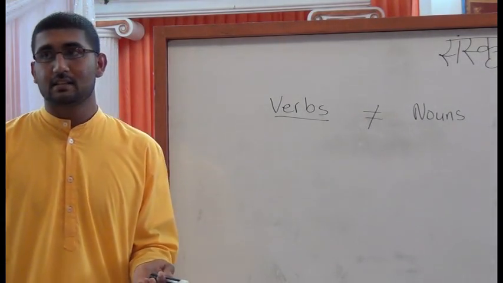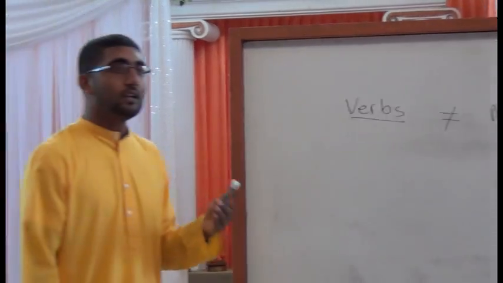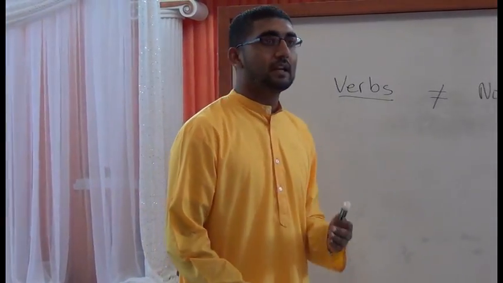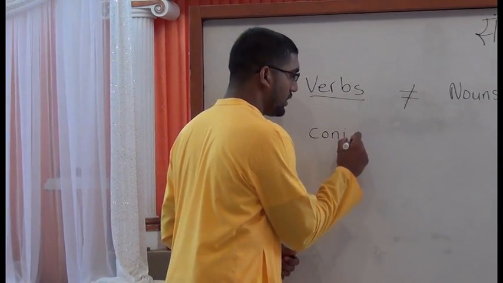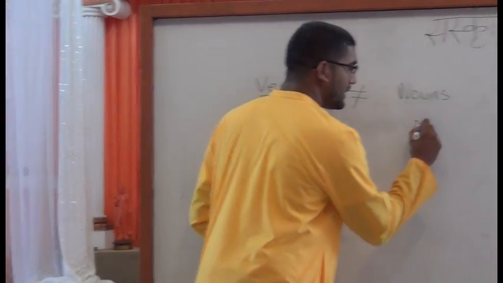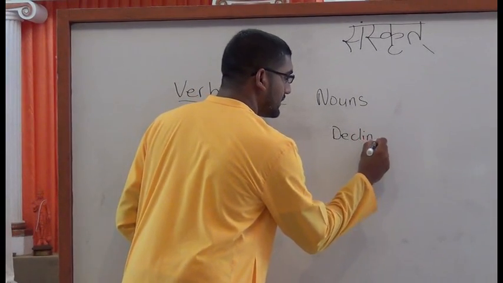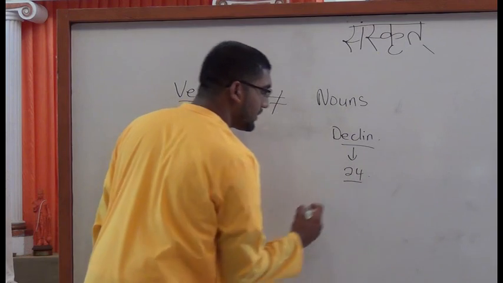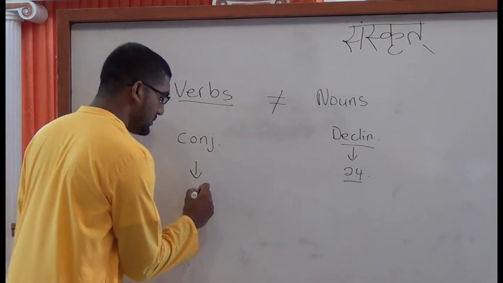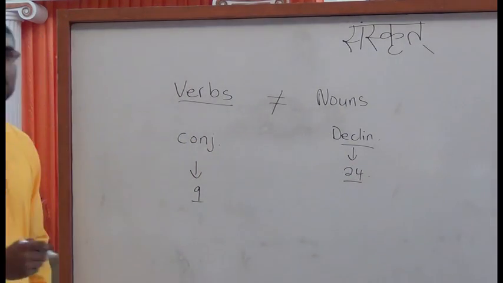That doesn't make sense. So when you are doing your homework, please pay attention to that. Verbs are conjugated, nouns are declined. Decline means you have the 24 different forms. Conjugation means you have the 9 different forms.